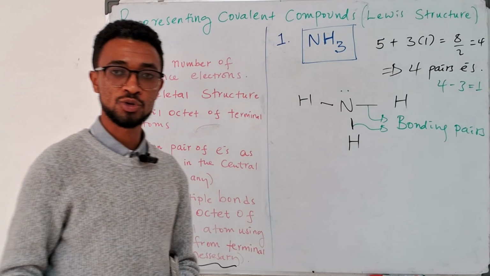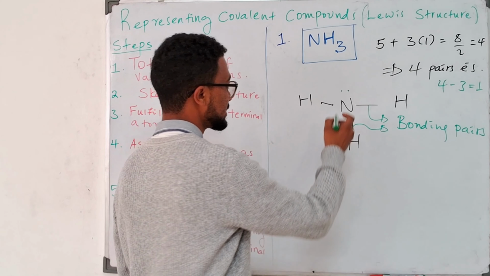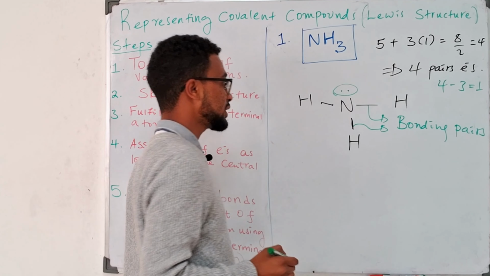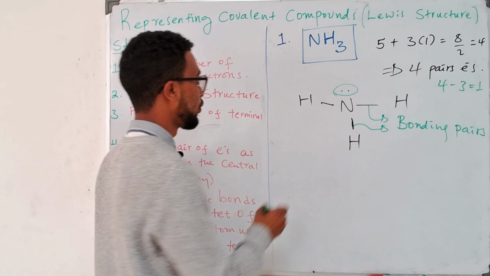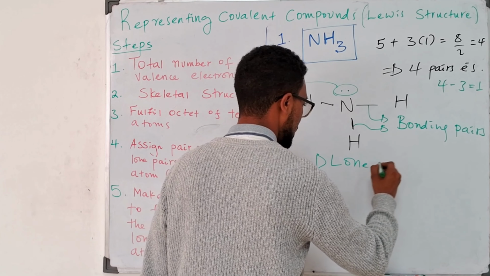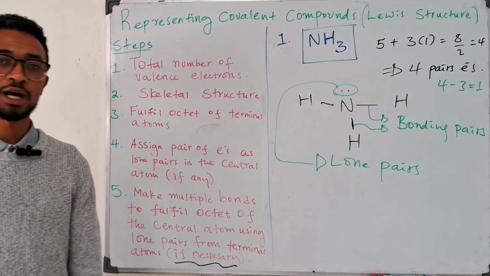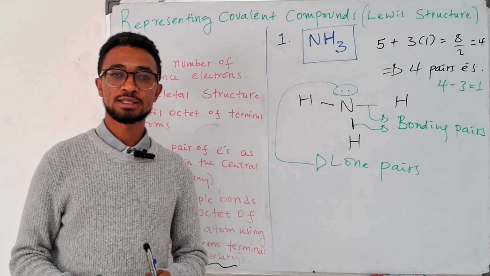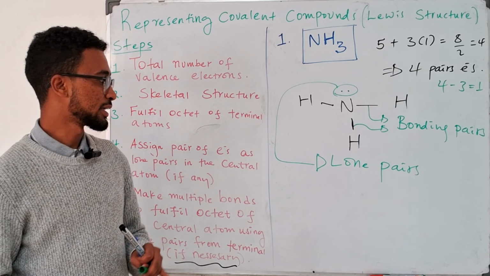These are the pairs of electrons that participate in the bond formation. And the electrons that are put around the central atom, we call lone pairs. Lone pairs are pairs of electrons that did not take part in the bond formation.